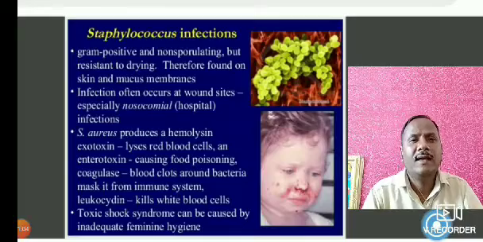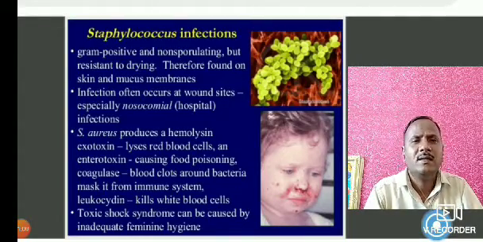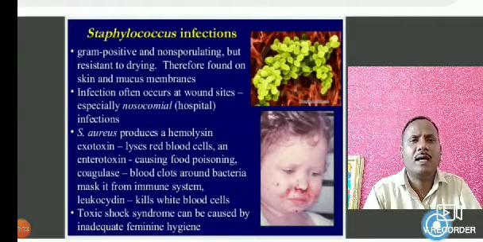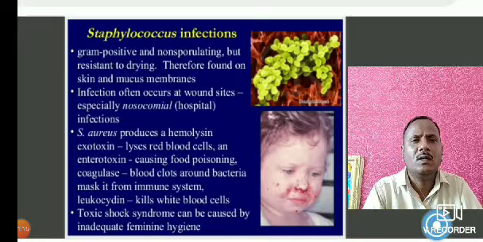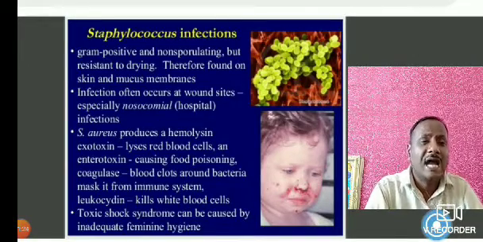And next, coagulase produces blood clots around the bacteria and masks them from the immune system. Some Staphylococcus infections produce leukocidin, which kills white blood cells. Toxic shock syndrome can be caused by inadequate feminine hygiene.